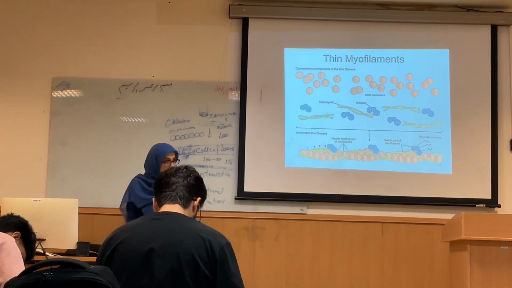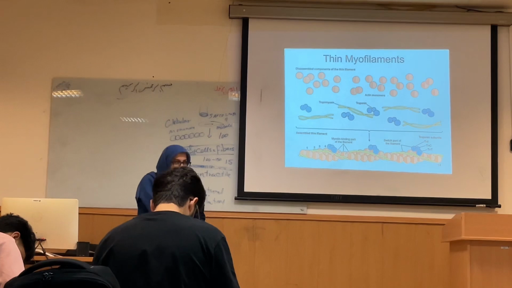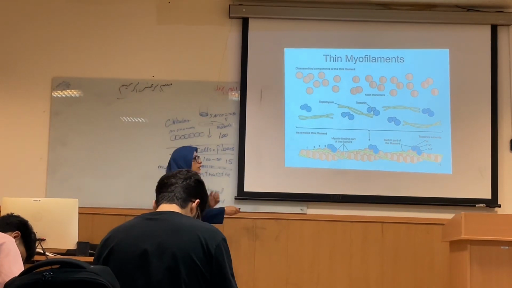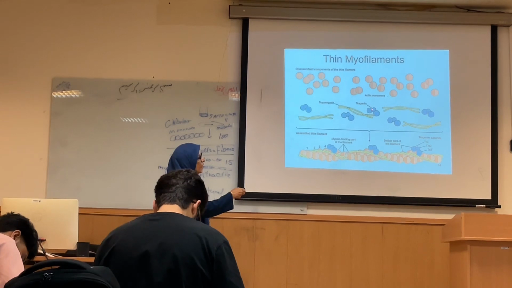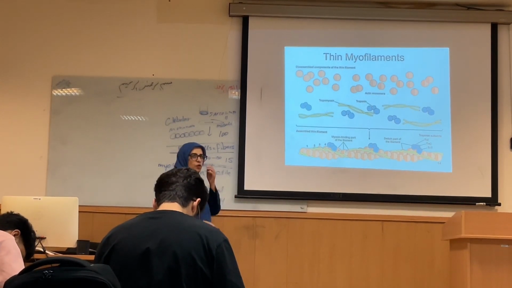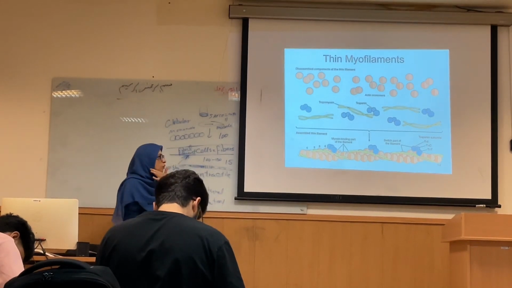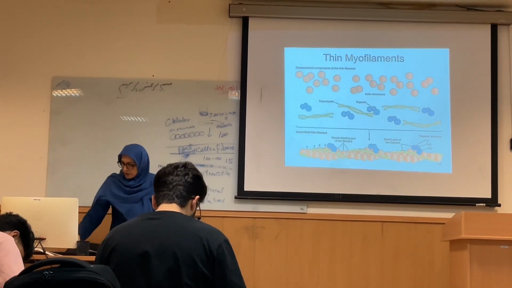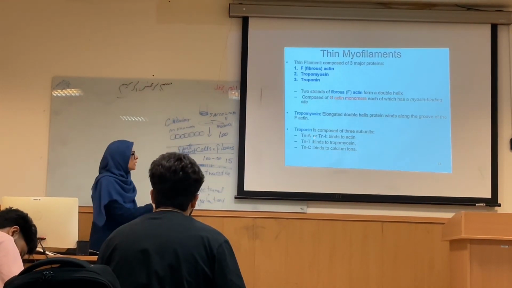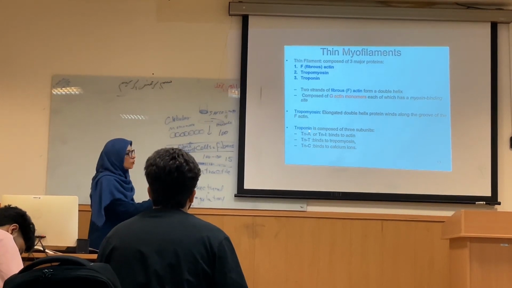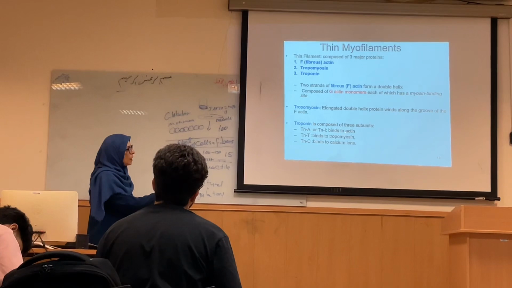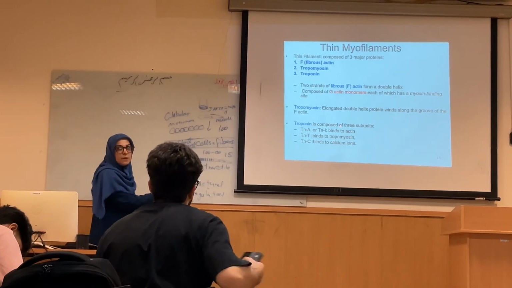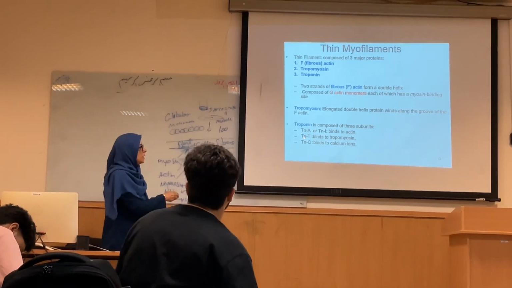The other proteins that we see in the thin filament location are the troponin. As you see, it has 3 subunits that have some joining sites for different structures. Tn is troponin. TnI binds to actin or inhibits binding to the actin.